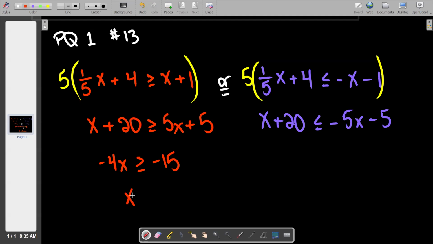So we're going to wind up with x is less than or equal to 15 over 4. And then the purple one, we're going to wind up with 6x and negative 25. And we don't have to sign change this one because we're dividing by positive 6. So we wind up with x is less than or equal to just negative 25 over 6.